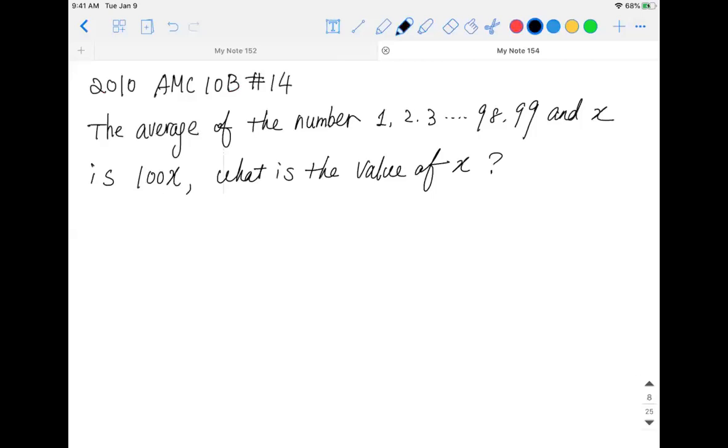This one should be straightforward, right? Who can tell me what's the answer for x?